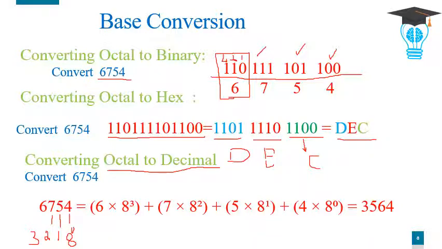So multiply each bit by its weightage in the number system, multiply them and get the answer, and this you will get an answer of 3564, which is a decimal equivalent of a octal number given. Octal number given is 6754 and its decimal equivalent is 3564. Its hexadecimal equivalent is DEC, and its binary equivalent is this.